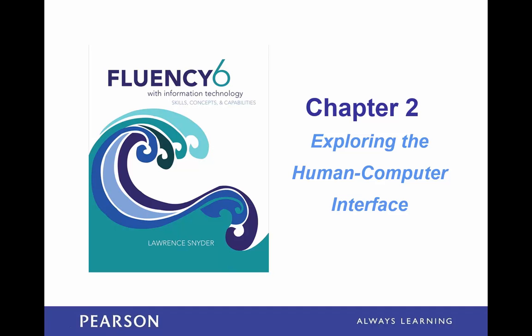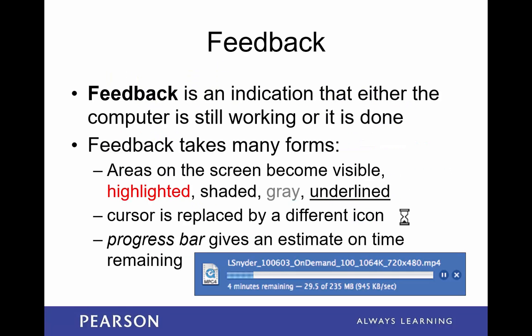Continuing on with the review of Chapter 2, where we started getting into the human-computer interface, one of the primary things to remember is feedback. Feedback is something that we get all the time, both from people and from computers. But on a computer, it can take multiple forms, such as the changes that you made suddenly becoming visible or highlighted, gray areas, items on menus that are grayed out, telling you that they're not accessible.